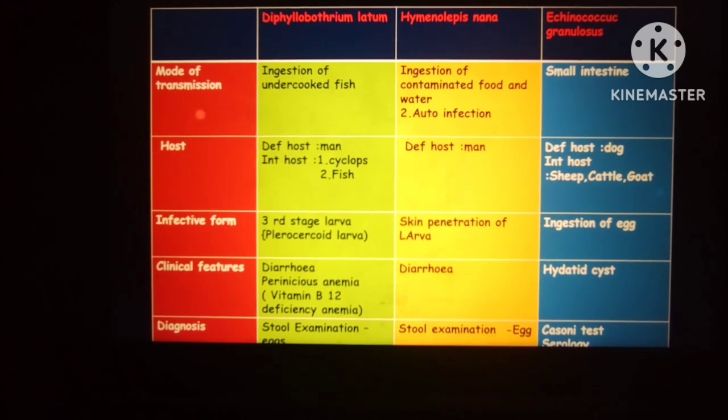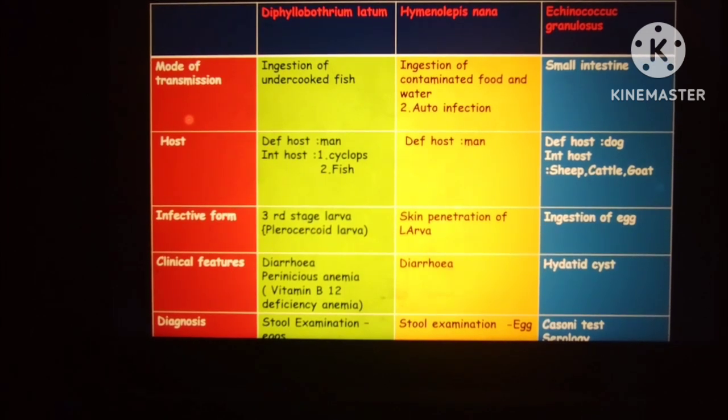So in this you want to remember, just for completion's sake I have posted here, the fish tapeworm is by ingestion of undercooked fish, and ingestion of contaminated food and water also causes auto infection. Sorry friends. For Echinococcus, it is again by ingestion of contaminated water.